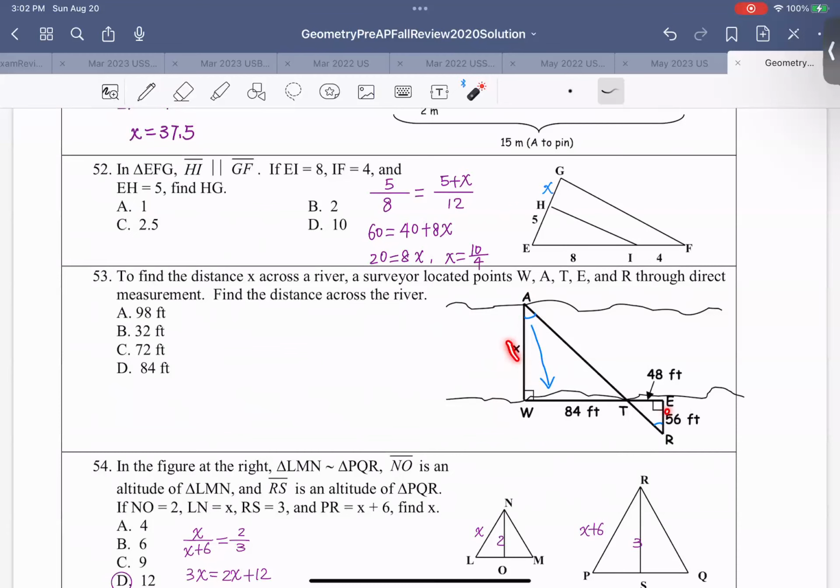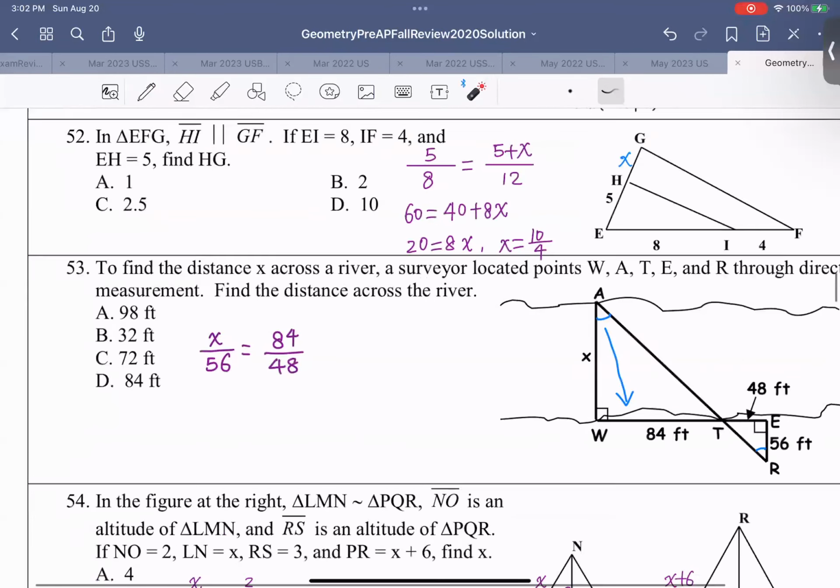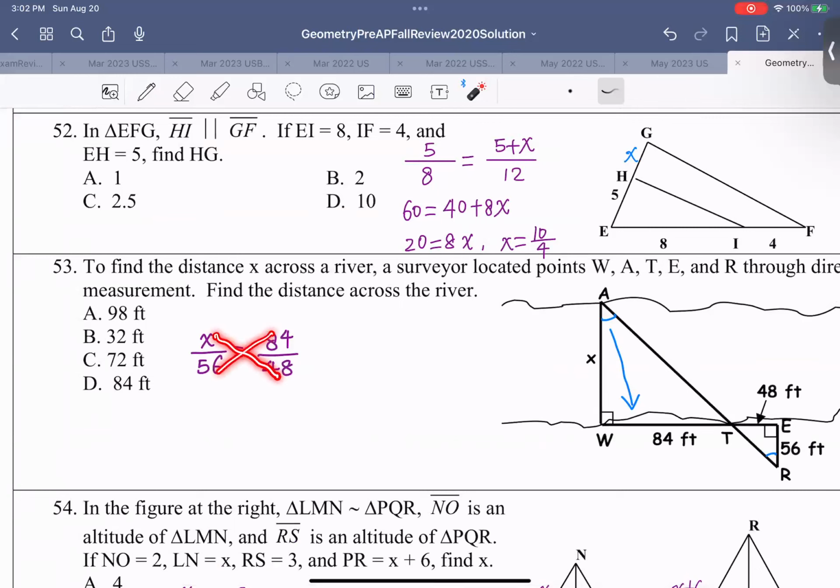So x divided by 15 equals 84 over 48. Thank you. Now, do we do this product equals this product? Not yet. If we can simplify, we want to save our time.